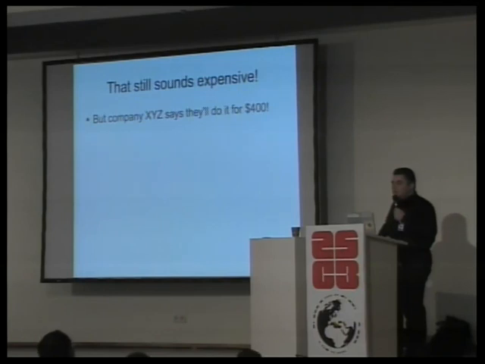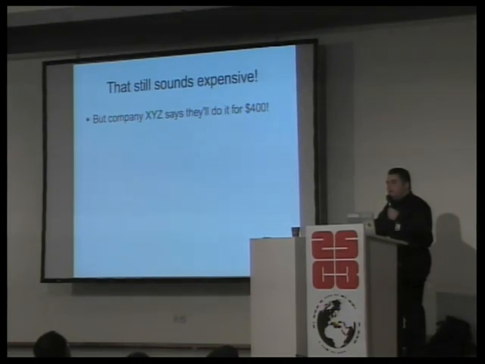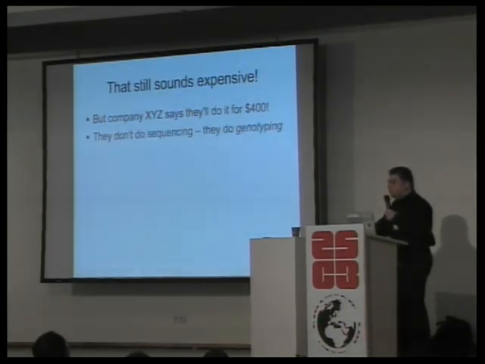But there were these companies like 23andMe, which is actually owned by some guy who also owns large parts of Google. And they set the price at $500, $400, whatever. Because they don't do sequencing, they do another technology called genotyping.